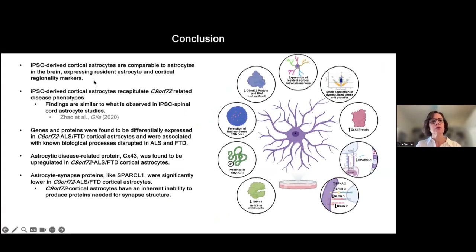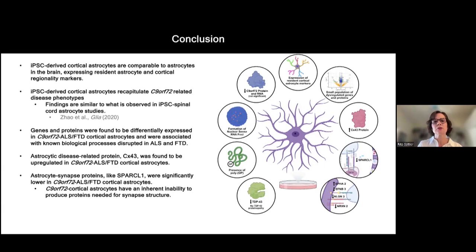Just to conclude, we were able to make cortical astrocytes. They look like cortical astrocytes. I didn't have time to go into this, but they do have C9 phenotypes. They have foci. We have a lowering in the C9 protein. These C9 phenotypes are somehow very difficult to detect in iPSC cultures, and this is happening across the field.